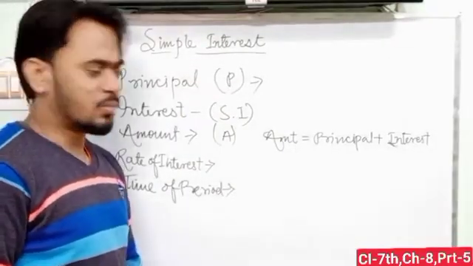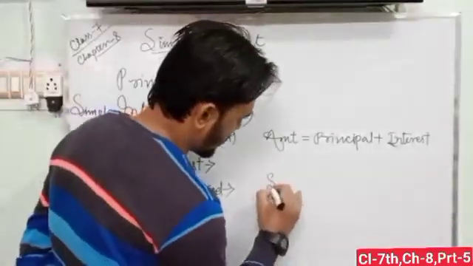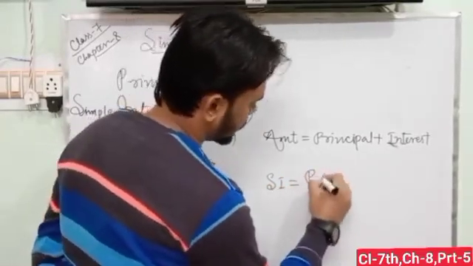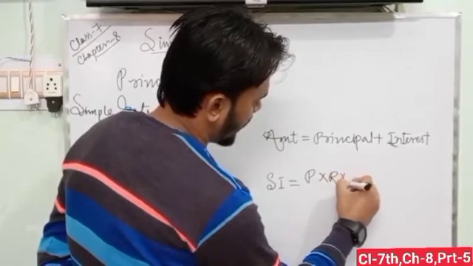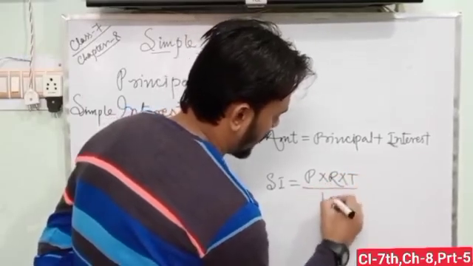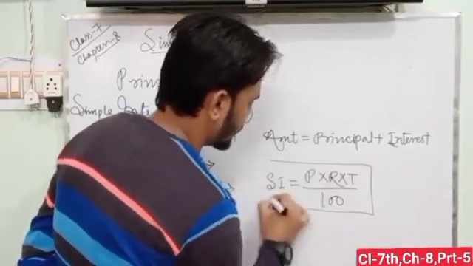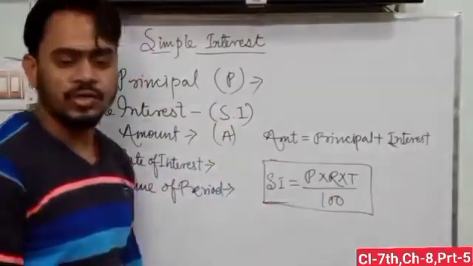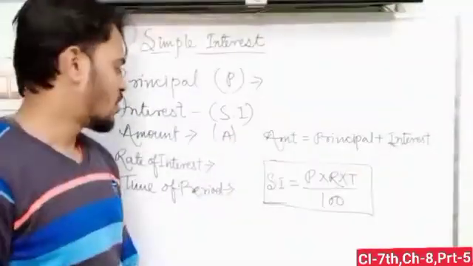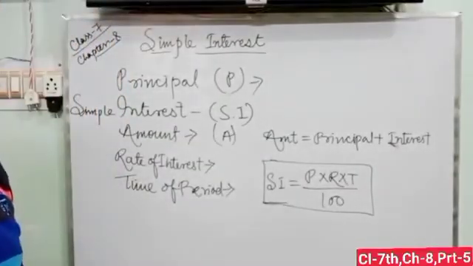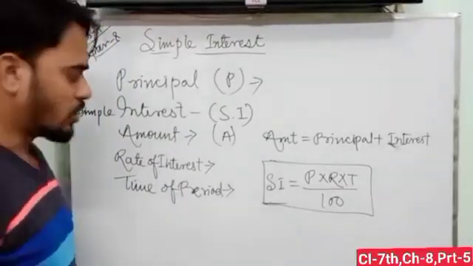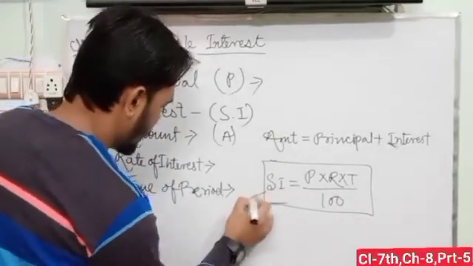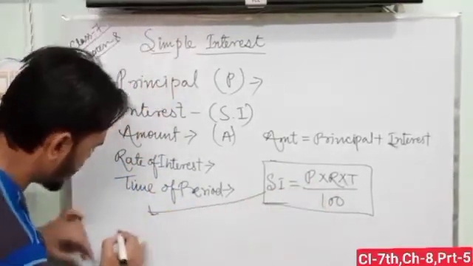Now the formula of simple interest: SI is equal to principal into rate into time upon 100. This is the formula with which you can calculate the simple interest on your borrowed money. And from this formula we get three more formulas.